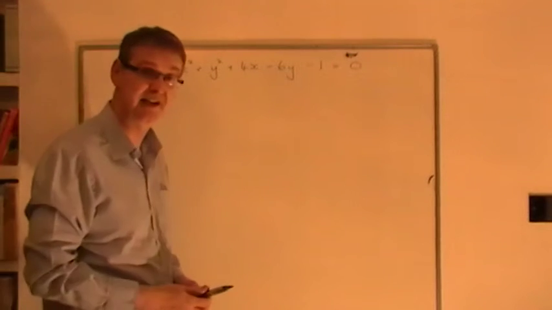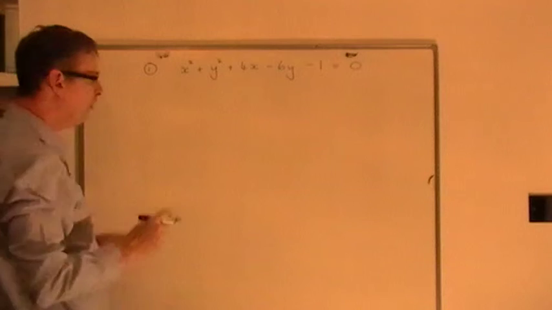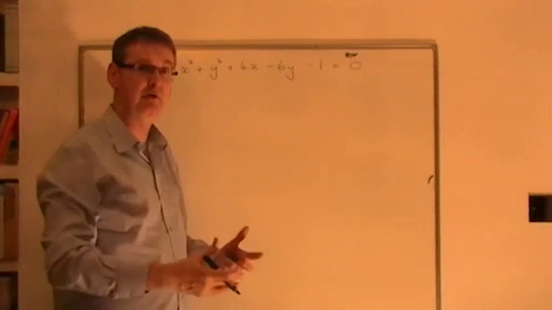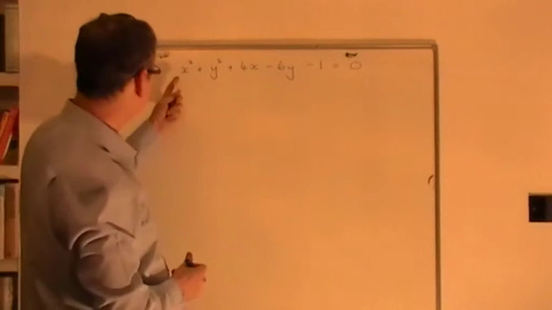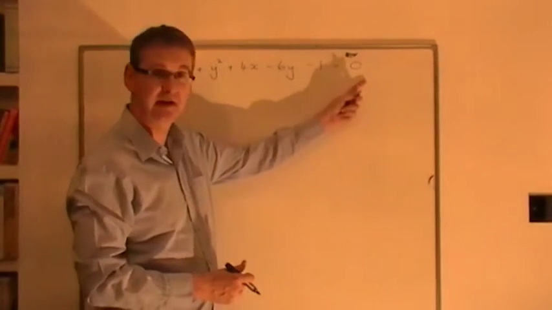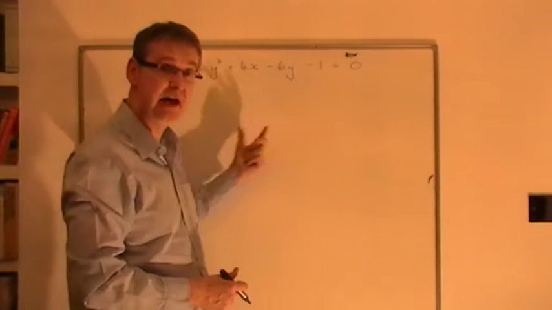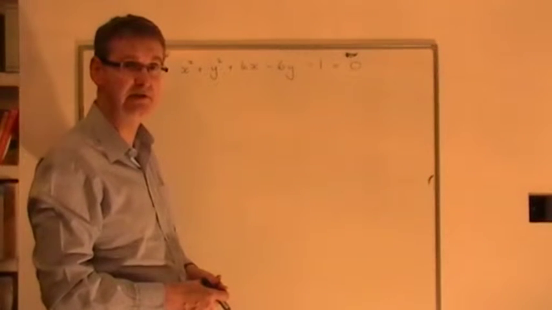Now it doesn't look anything like the ones that we've dealt with so far. If I call this number 1, what I'm going to do is restructure this to make it look like one of the ones with bracket squareds in. And so I'm now going to show you how an equation like that, which is the equation of a circle, we can restructure it and hence figure out what the centre and the radius of that circle is.